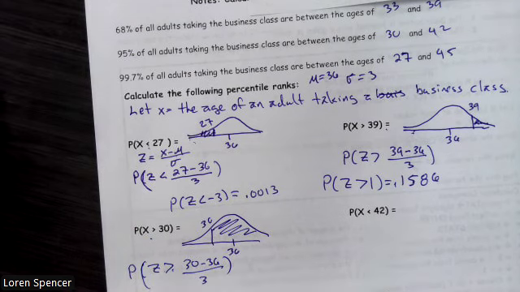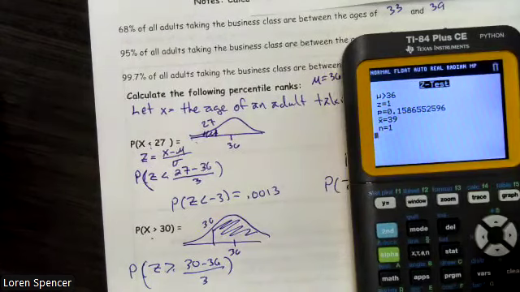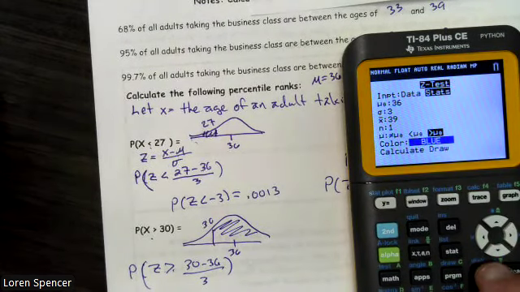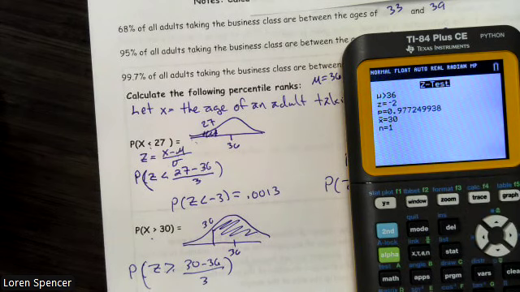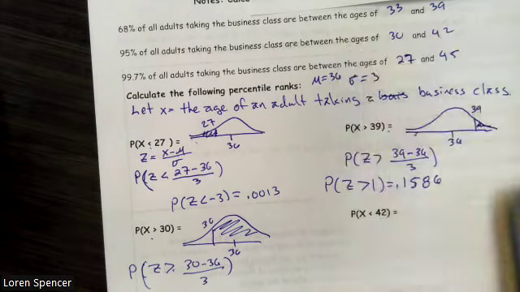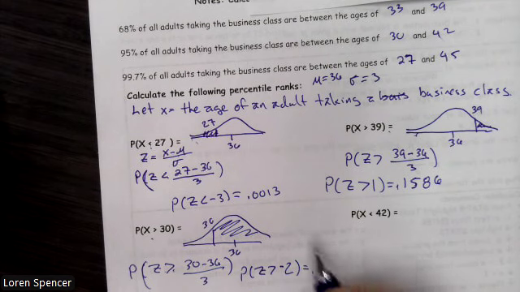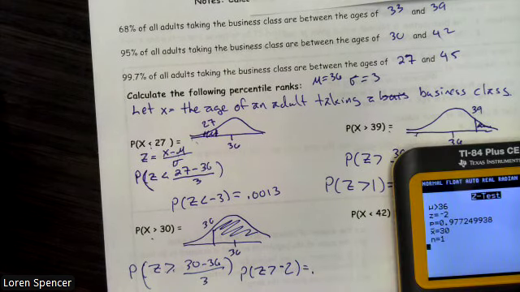Have to pay attention to what those signs say because it'll change the probabilities a lot. Stat test, Z test, make this a 30. We already have it shading up, so we're good there. And we have the probability that Z is greater than negative 2 equals 0.9772.